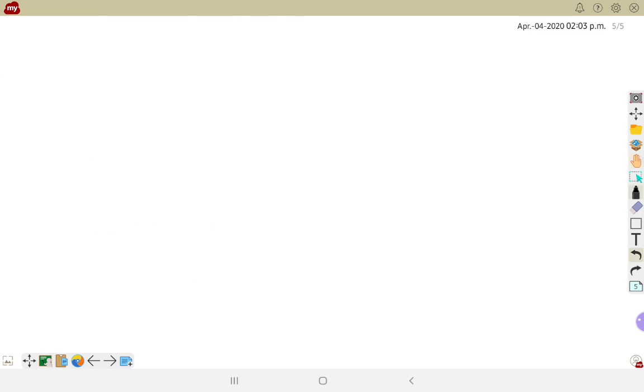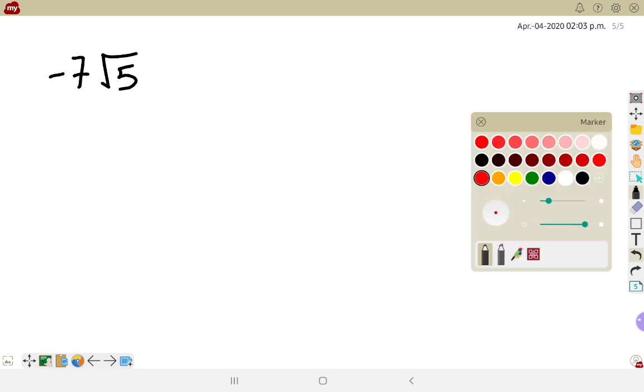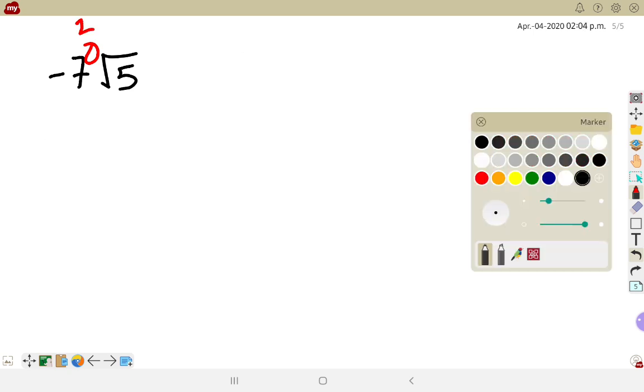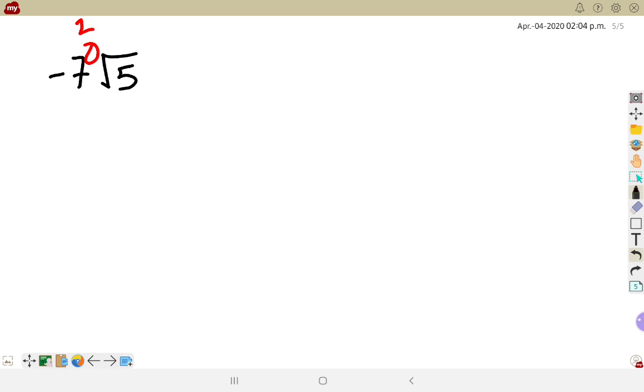I'm going to show you with the negatives. Let's say I had a negative coefficient here. Because my index here is a 2, I didn't write it down because it's a 2, I am not allowed to bring a negative underneath that radical sign. So I have to leave the negative sitting out front.